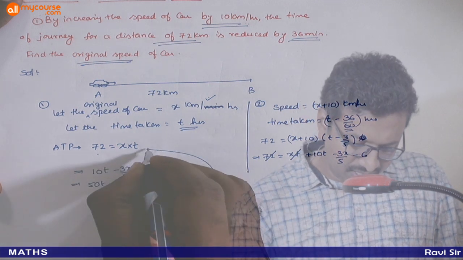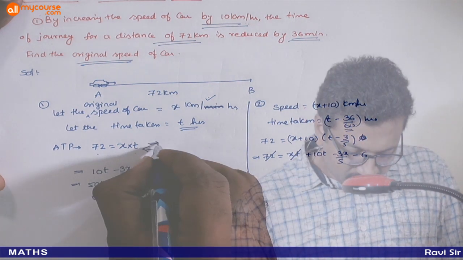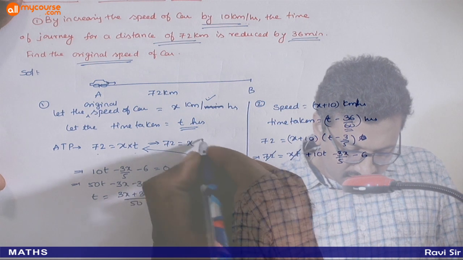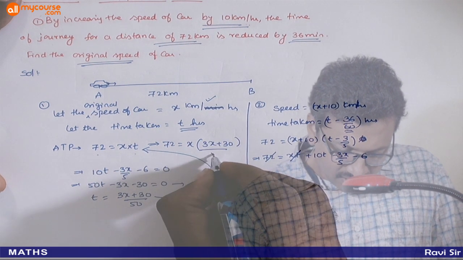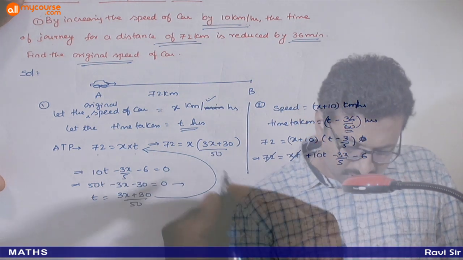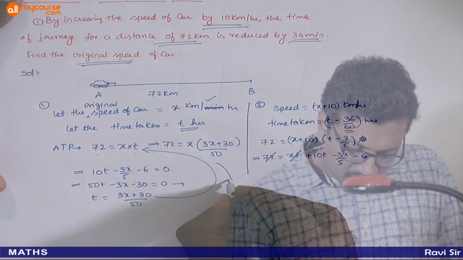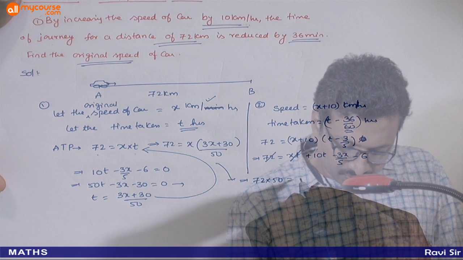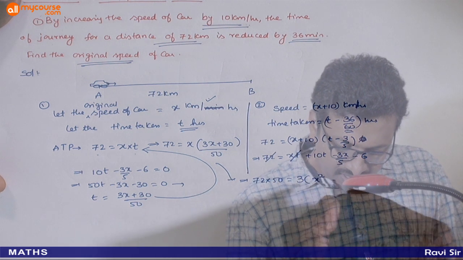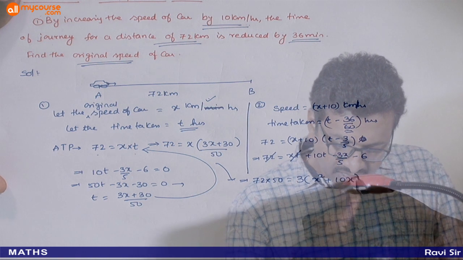Let us substitute it in this equation. So this implies 72 is equal to x times 3x plus 30 by 50. On cross multiplication you get 72 times 50 is equal to 3 times x square plus 10x.